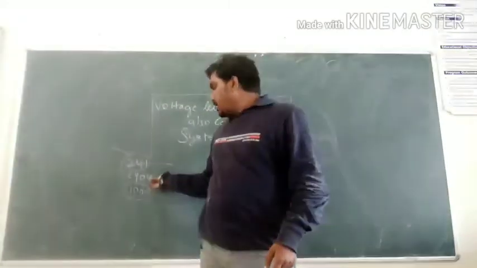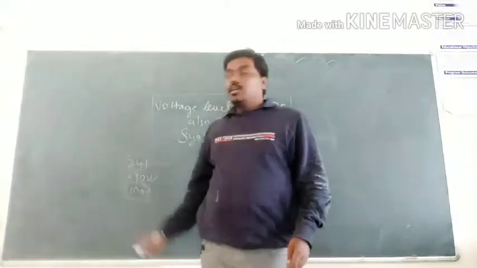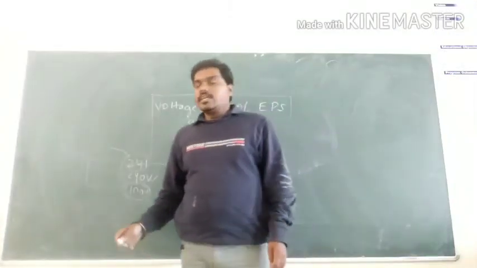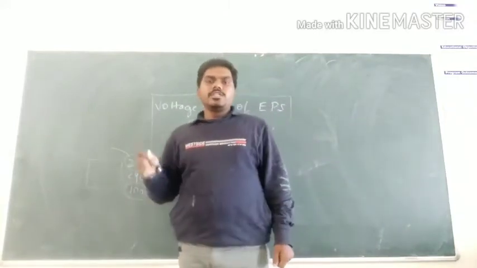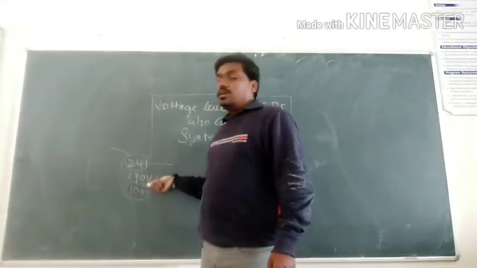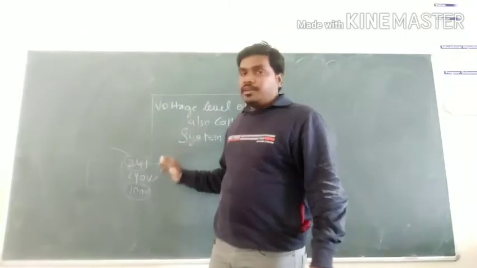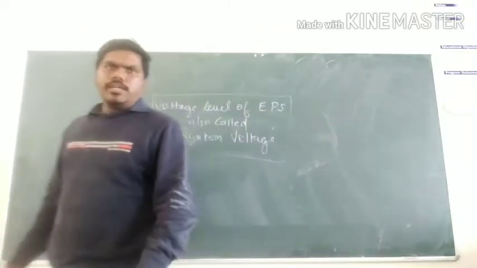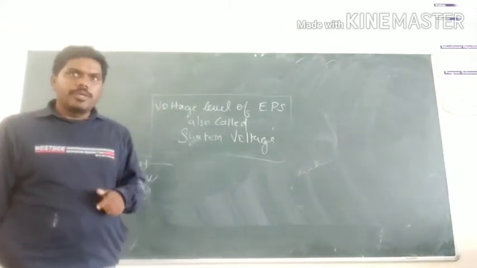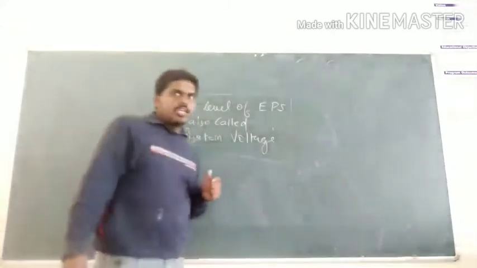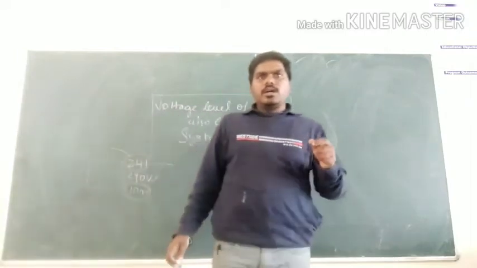So this is my rated voltage. 240 volt is my rated voltage, meaning it is designed at that particular value according to all its reliability conditions. When designing any equipment, the designer should take the voltage safety margin into consideration.